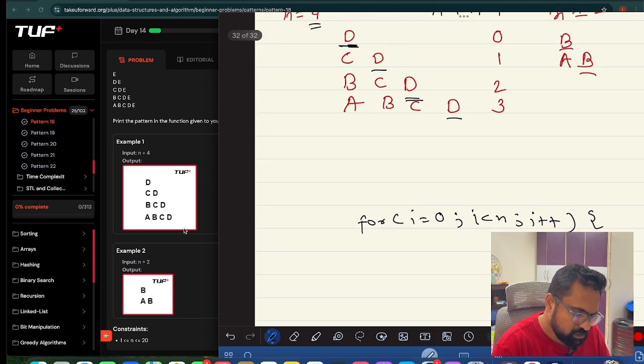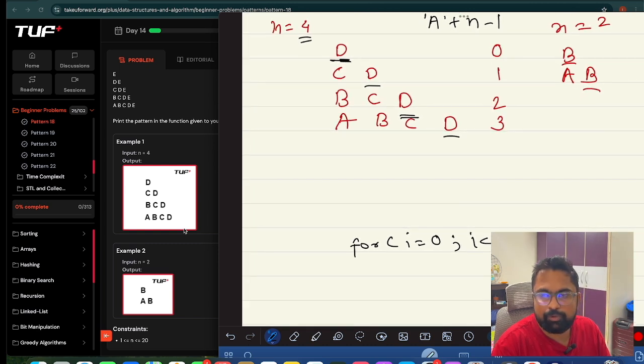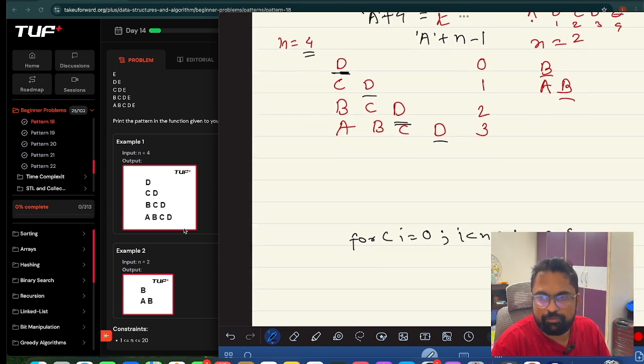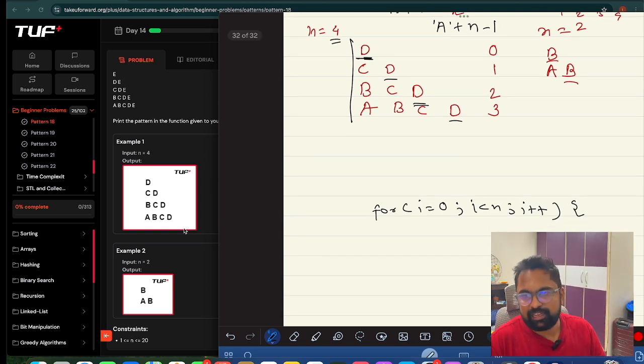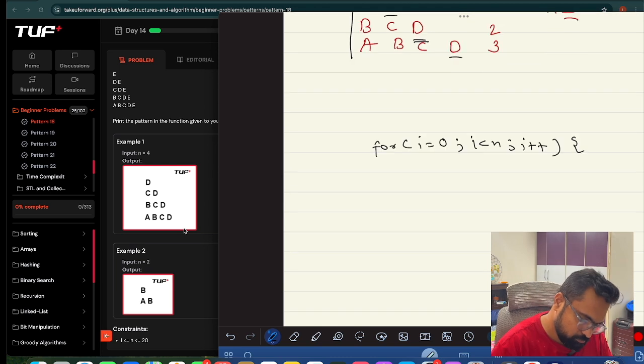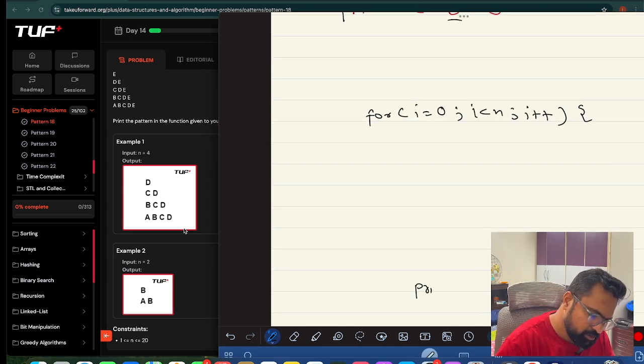Now we have to do a for loop for printing the characters. There are no spaces, so we have to directly print the characters, and we design that in a for loop, and at the end it is println.